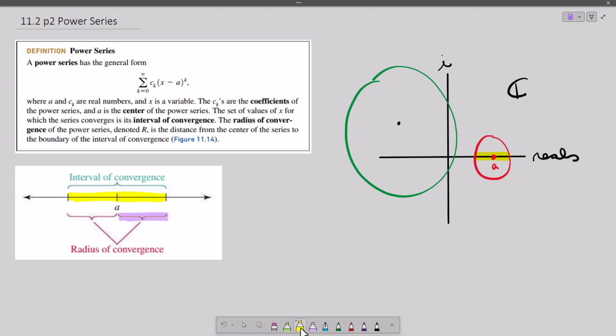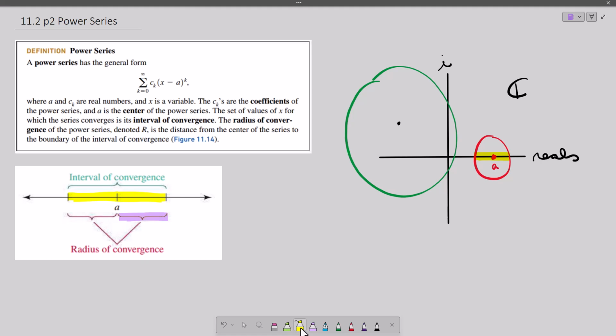Okay, so those are some pieces of terminology. Now, what is interesting is that when we calculate this interval of convergence, there are going to be many different options based on the endpoints. So you can have all of this convergence from negative r to r, or whatever we want to call it, from the left side to the right side.